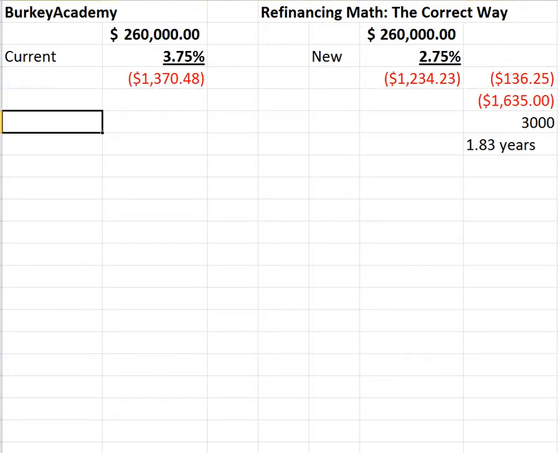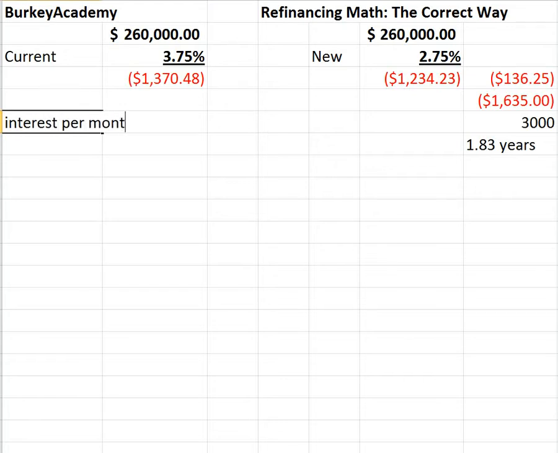The right way is to say that currently I'm paying 3.75% interest per year on a loan of $260,000. Let's calculate how much interest per month that is, because that's really the important part. Let me label it over here.